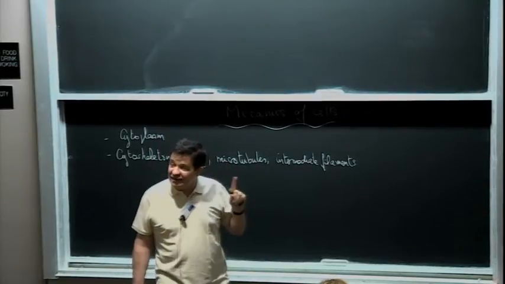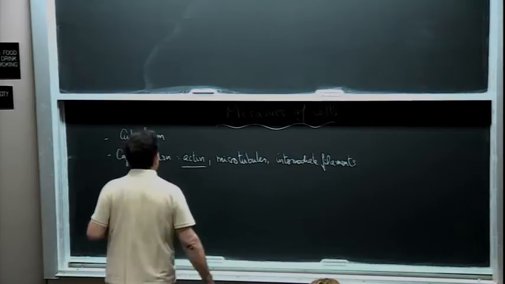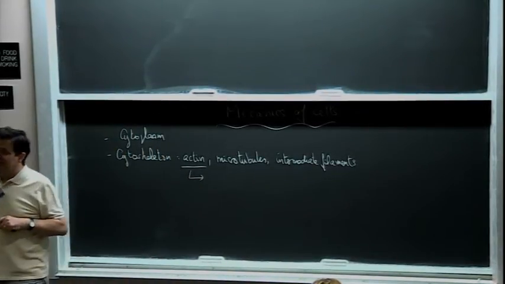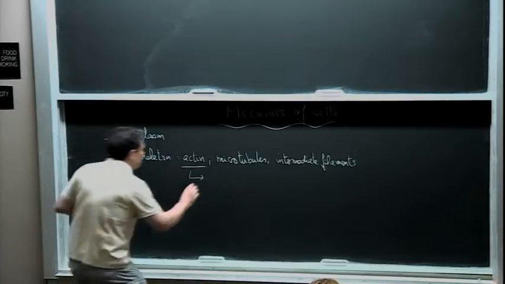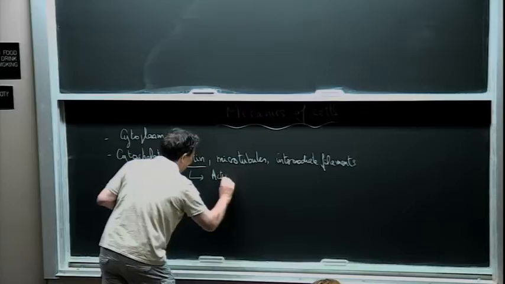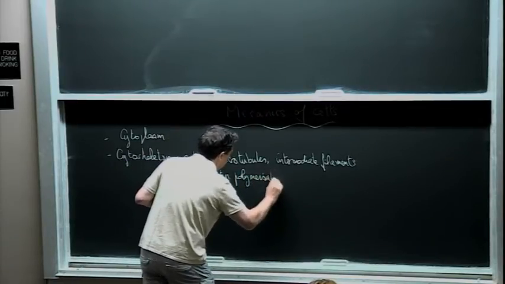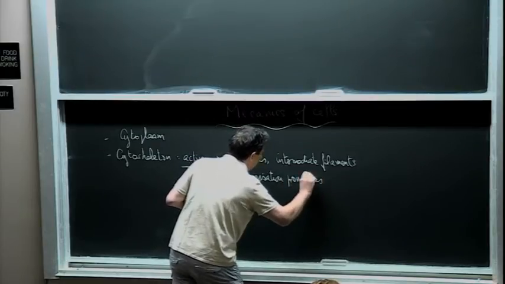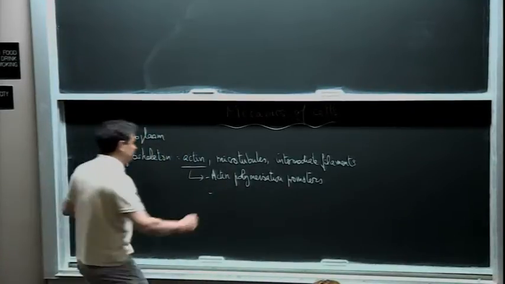Actin interacts, as Joanny said, with many, many proteins. There are 3 types of protein that I want to discuss. Proteins that control the polymerization of actin. So these are actin polymerization promoters. Molecular motors.